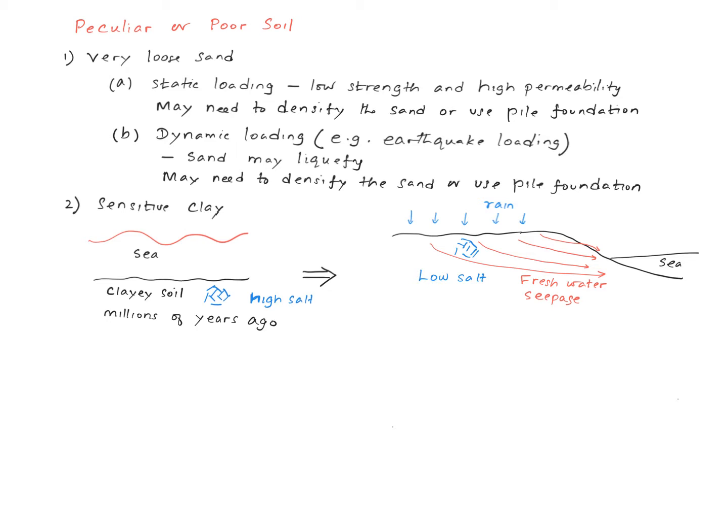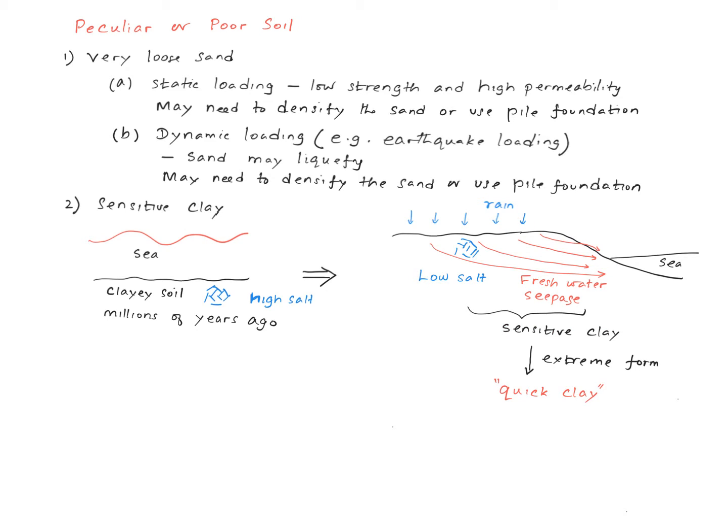So what happens is, as long as you don't disturb the site, the strength of the site remains high and the site remains stable. But when there is a disturbance, like some form of vibration or an earthquake, then this flocculated structure collapses. When it collapses, there could be a landslide.